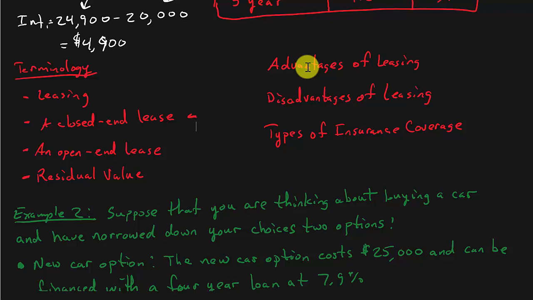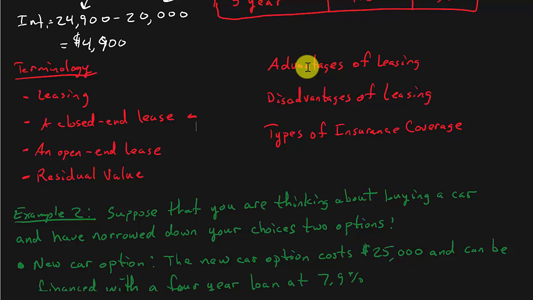Most lease agreements have mileage limits, 12 to 15,000 miles per year. If you know you exceed that number of miles, you might not want to lease. You could have a charge. Okay, they can charge you extra for that. And when mileage penalties and other costs at the end of the lease period are taken into consideration, the total cost of leasing is almost always more expensive than financing a car.